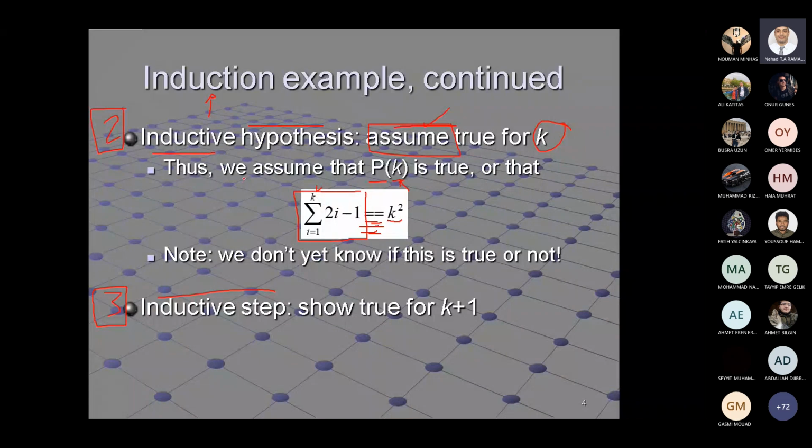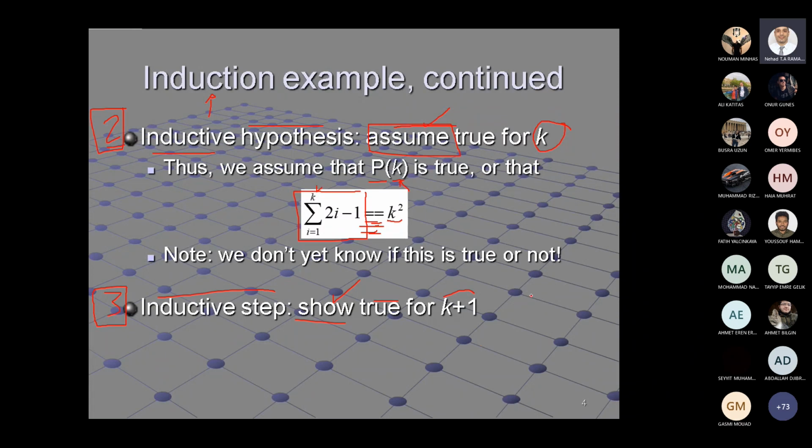So base case, then second step, inductive hypothesis: we assume that it's correct for k. Third, we have to prove the inductive step. What's the inductive step? We have to show that this is true for k plus 1.